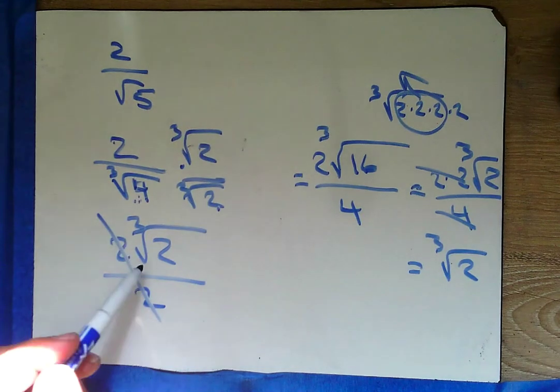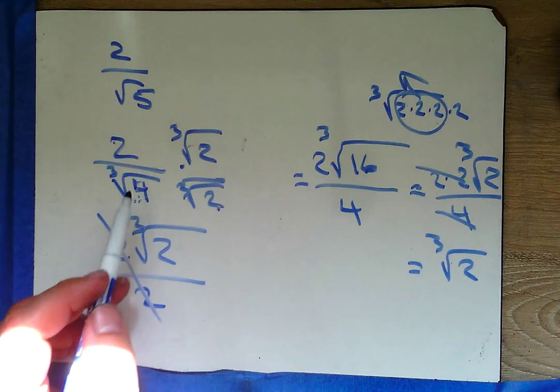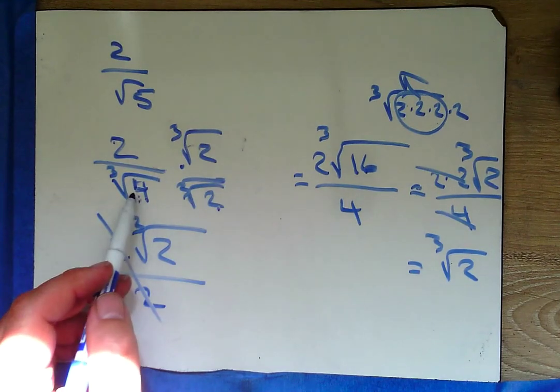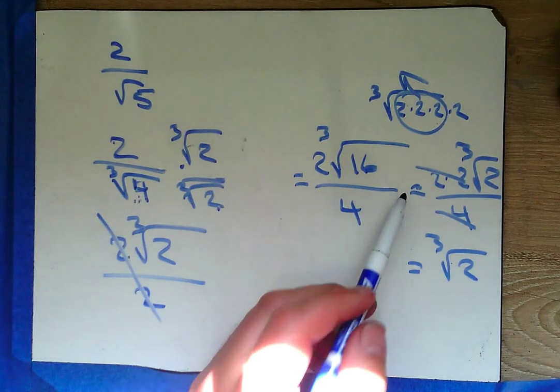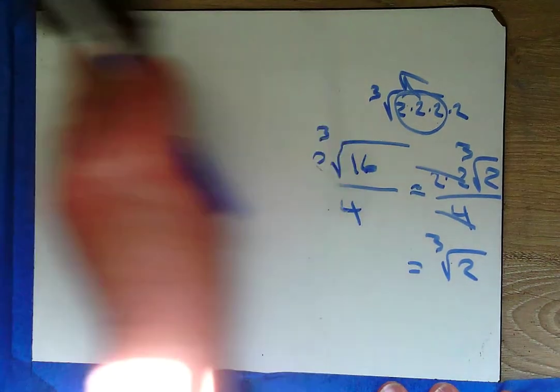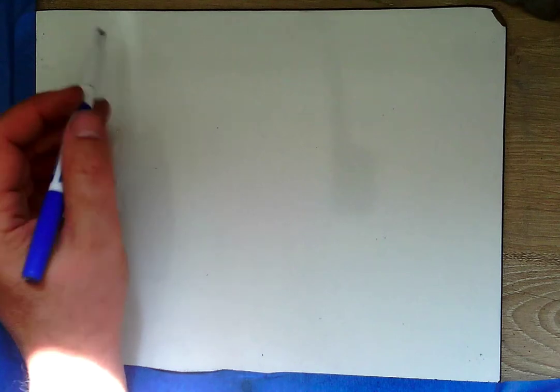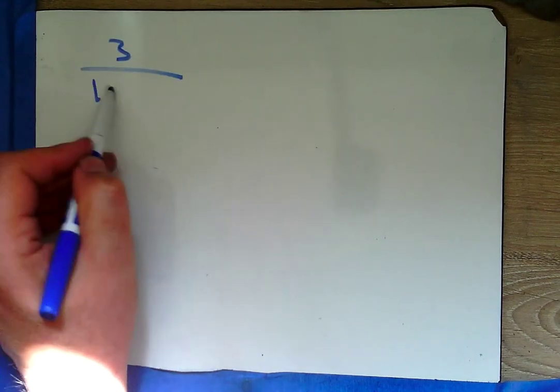So it's less work to see this as 2 2's rather than 1 4. You can still get there by multiplying top and bottom by cube root of 4 times 4, but not without a lot more simplifying.